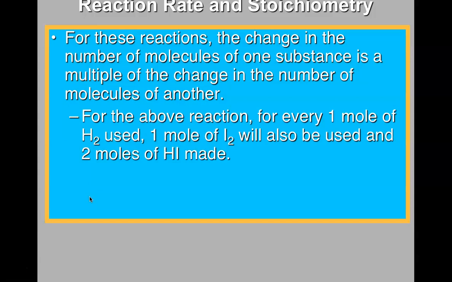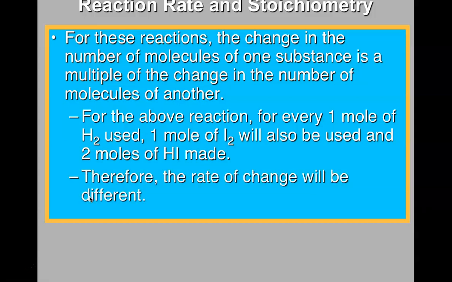So for the above reaction that we saw on the previous slide, 1 mole of hydrogen and 1 mole of iodine give you 2 moles of HI. So the rate obviously is going to be different. Hydrogen and iodine have the same rate of disappearance, but hydrogen iodide has double the rate of appearance.